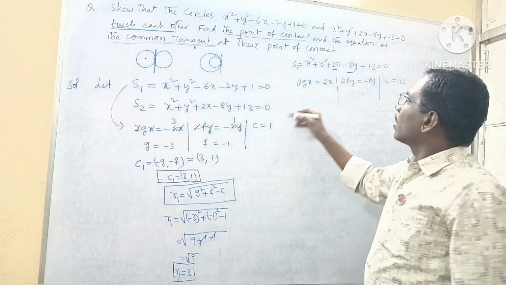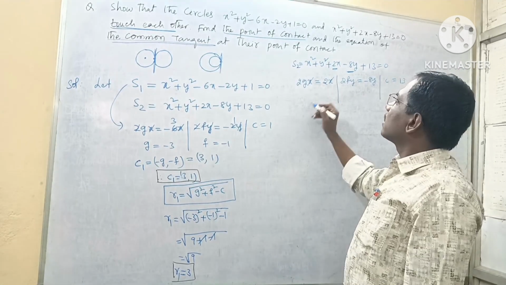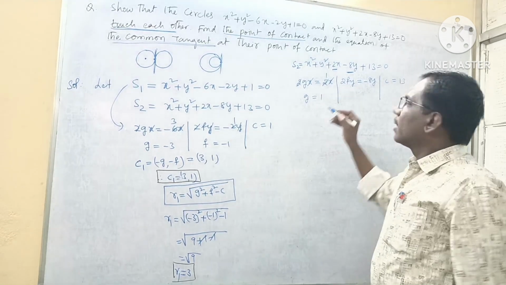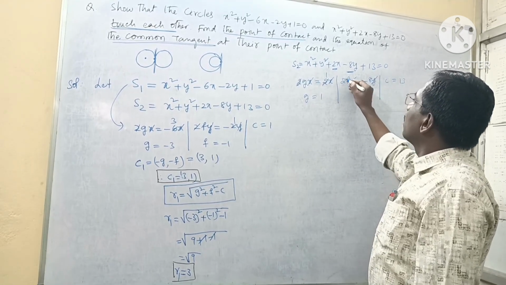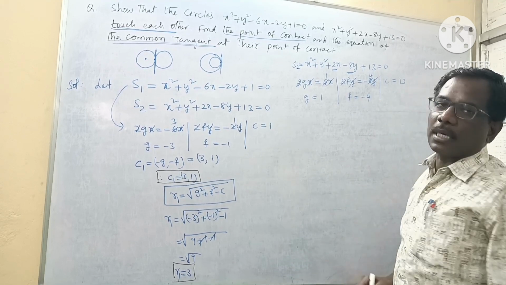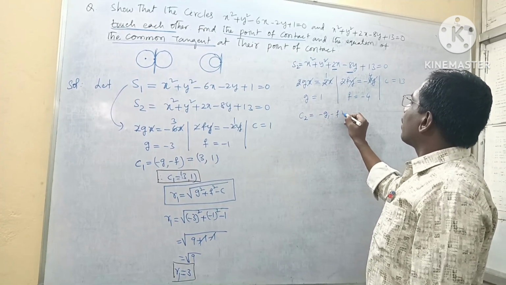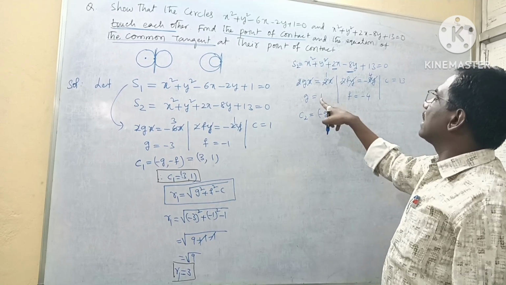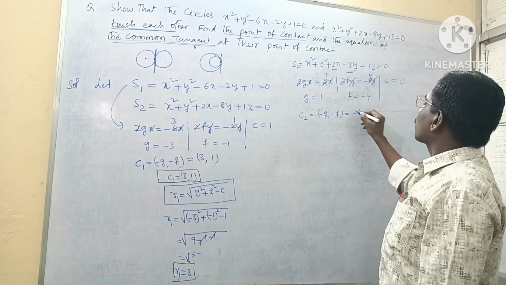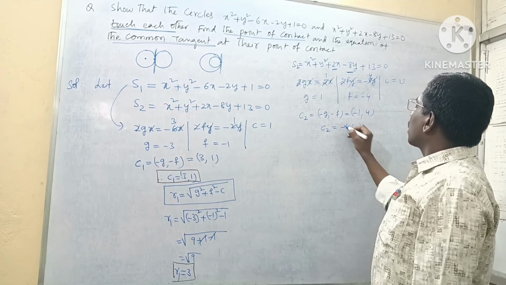Both sides x cancels, so g is equal to 1. Here y cancels, 2 times 4 is 8, so f is equal to minus 4 and c is equal to 13. So C2 is minus g comma minus f, which is minus 1 comma plus 4. Therefore C2 is equal to minus 1 comma 4.